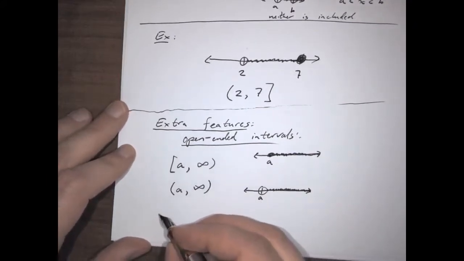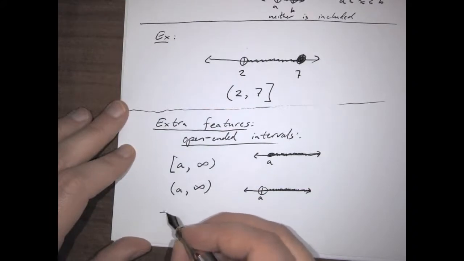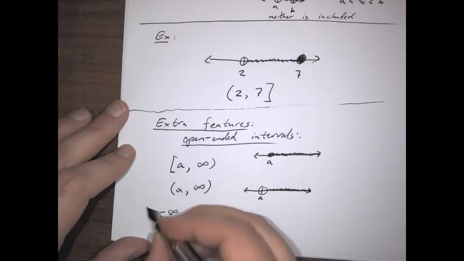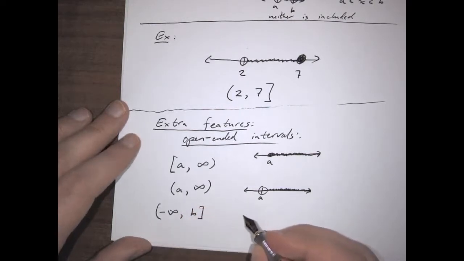Or we can have it open-ended on the left. So that would be negative infinity to B with a bracket.